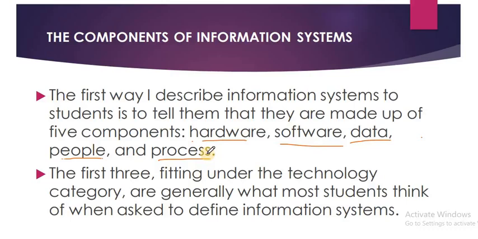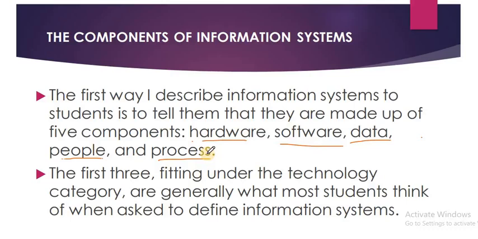When I say component, I simply mean what makes an information system an information system. It is made up of 5 components: the hardware, the software, the data, the people, and the process.